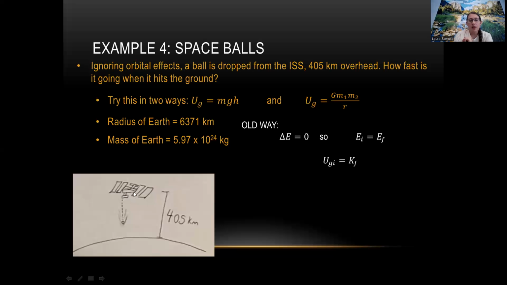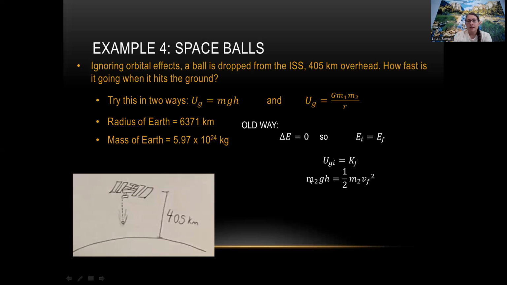Initially, this ball has all gravitational potential energy, right? We're dropping the ball, we're not throwing it. So its initial speed is 0, which means its initial kinetic energy is 0. And when the ball hits the ground, when it hits the surface, its potential energy is 0, and it has all kinetic energy because it's moving very fast at that point.